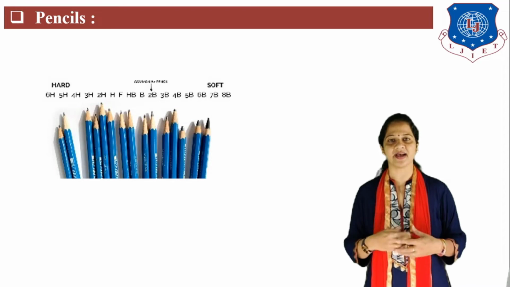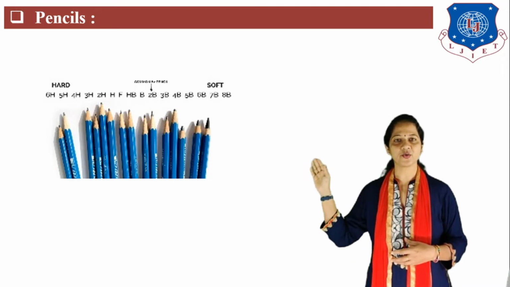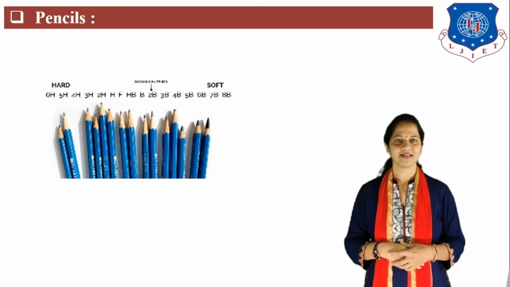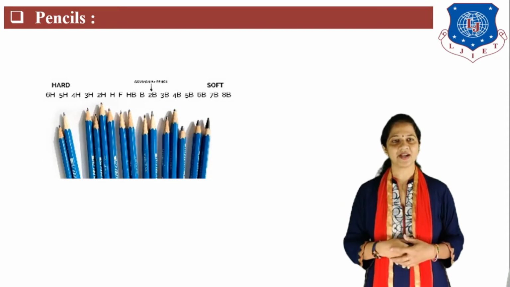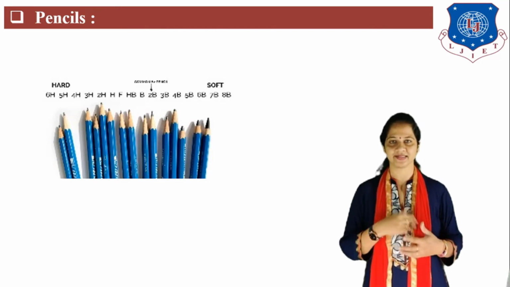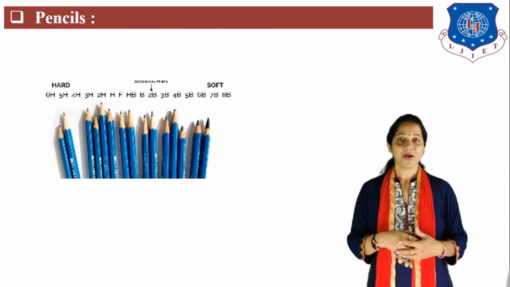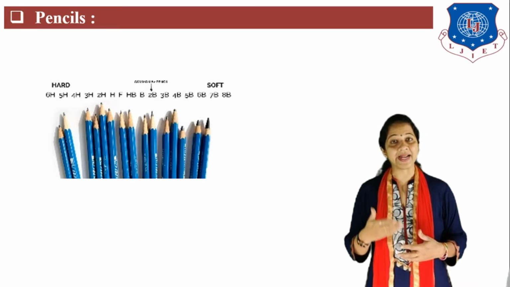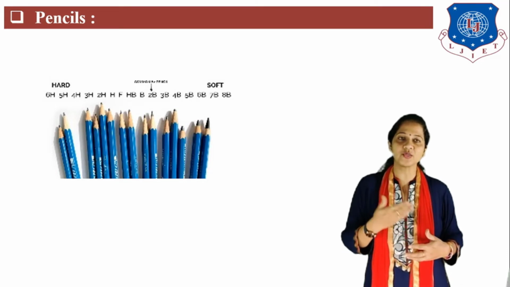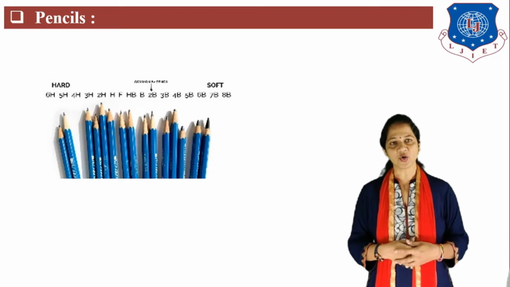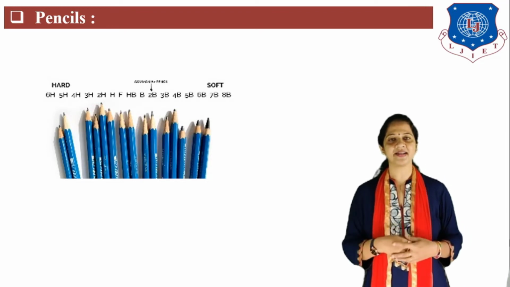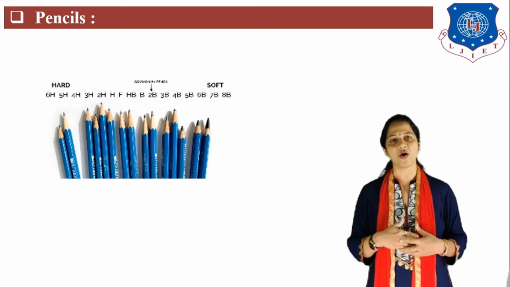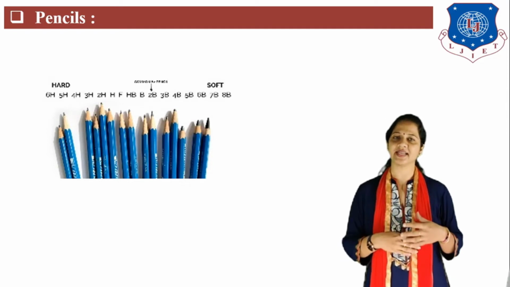Soft grade pencils are B, 2B, 3B, 4B, 5B, etc. Here B indicates blackness of the pencil lead. When the B grade increases, the blackness of the lead also increases. So, soft grade pencils are used to draw thicker lines or dark shade lines in the drawing.